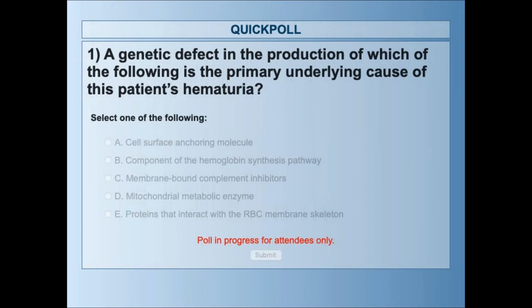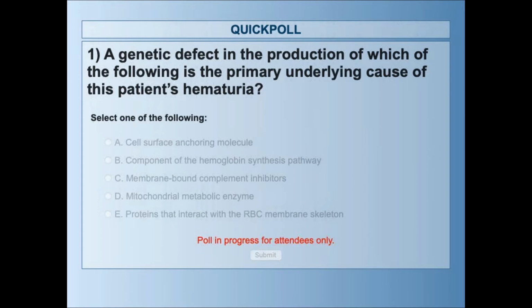With especially hem-onc, a lot of these questions can be additionally challenging, sometimes some of the harder questions that you see on Step 1. There are a lot of things you need to get straight in your head. So this is a good way to start it off tonight.